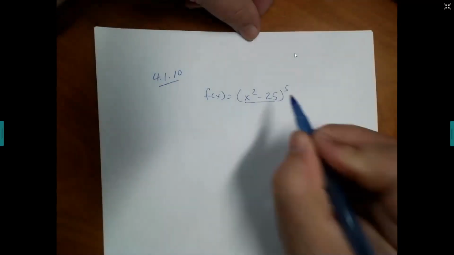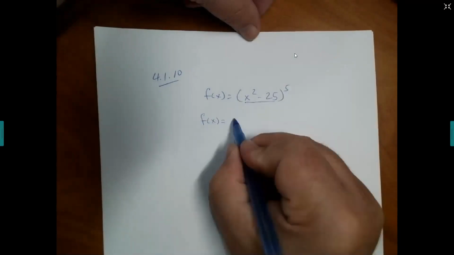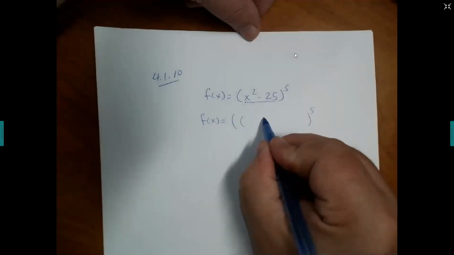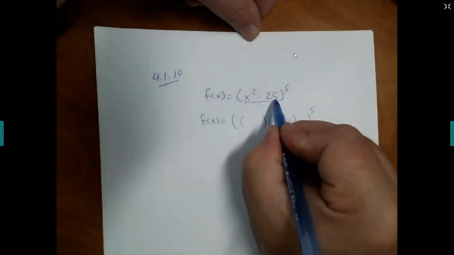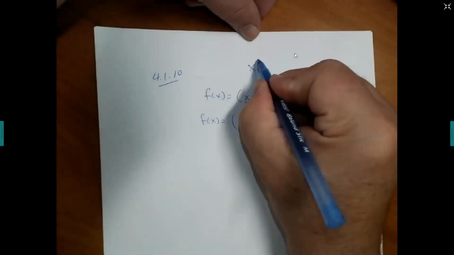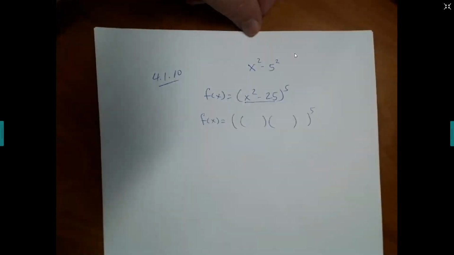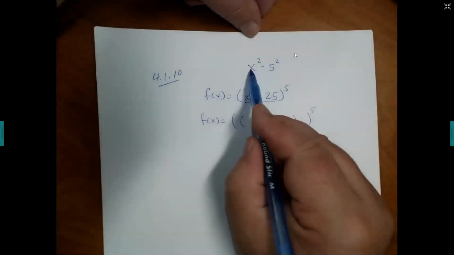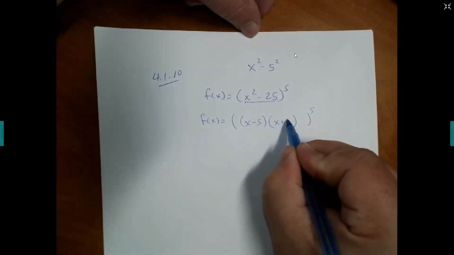Can we do anything inside the parenthesis? Remember, is 25 a perfect square? It's a difference of 2 squares. So we have x minus 5 and x plus 5.